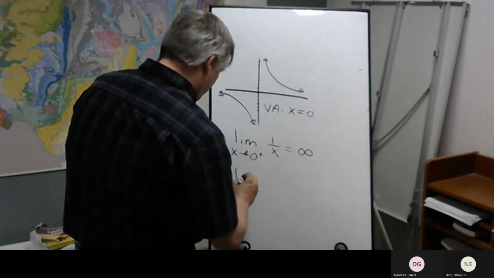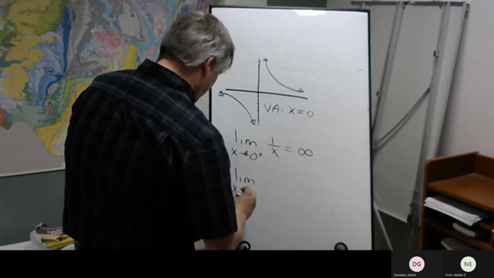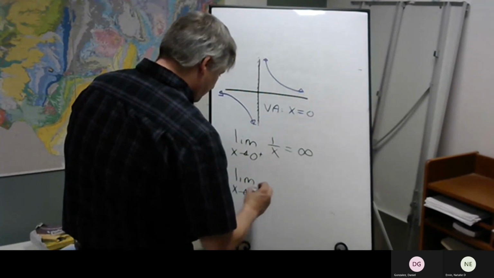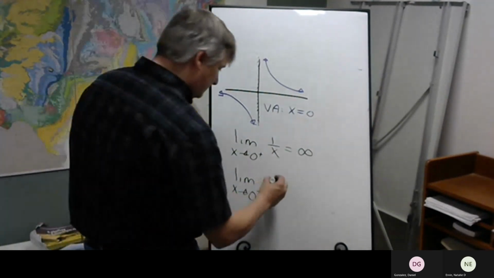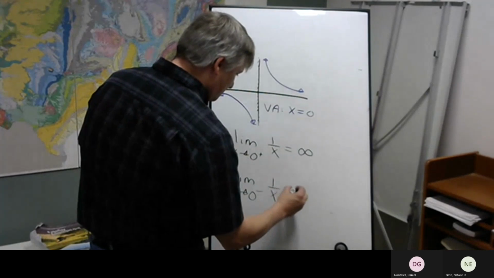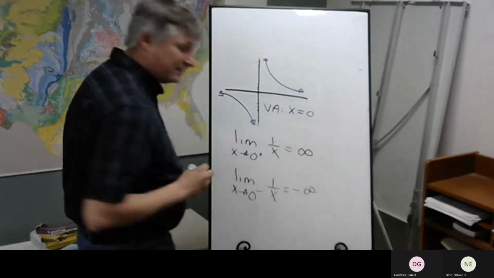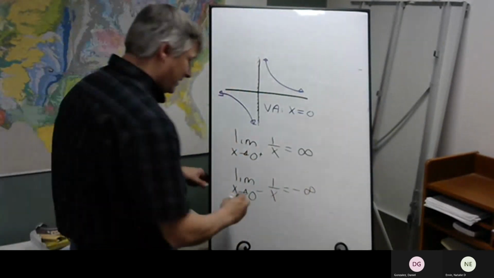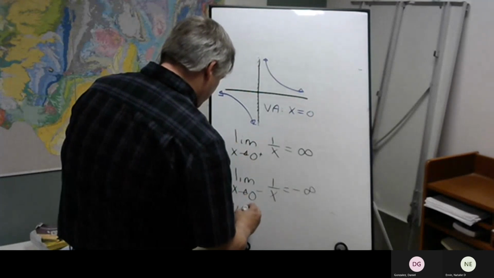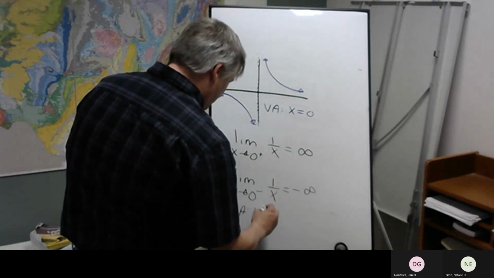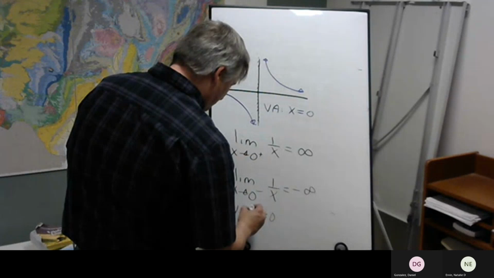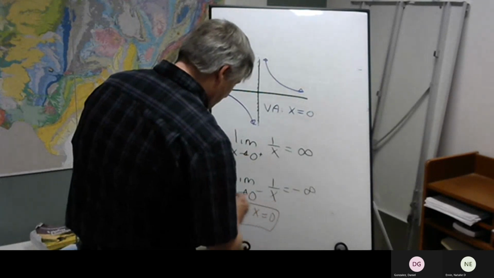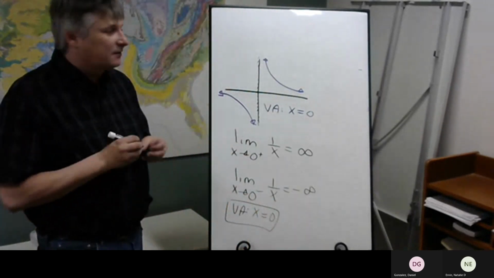And then the limit as x approaches 0 from the left, this will be negative infinity. And so the vertical asymptote will be x equals 0. And we'll do another example like this.